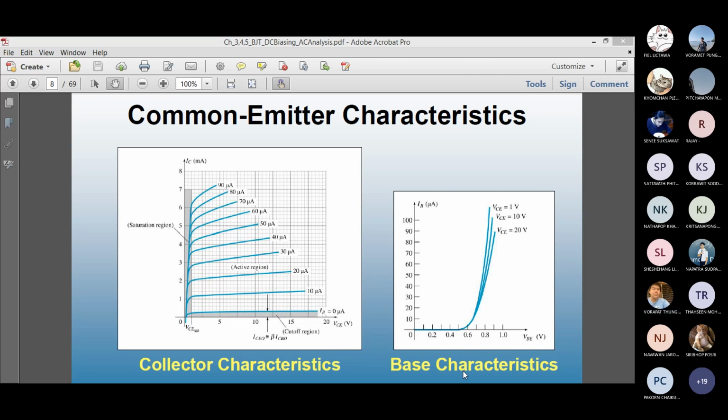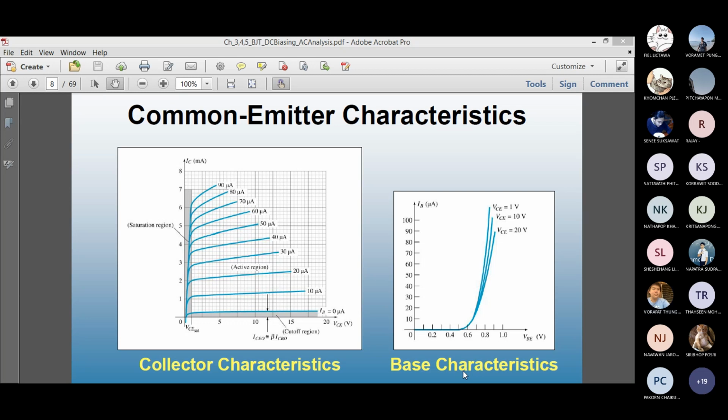Yes, sir. Why do we need two graphs in order to describe the BJT? Because one is for the current and one for the voltage. Is that what you're looking for? No, that's not the exact answer though.